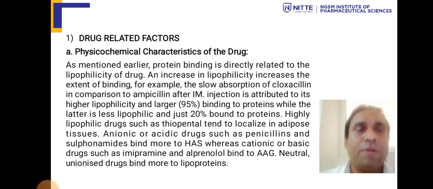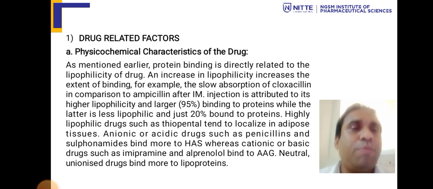For example, the slow absorption of cloxacillin in comparison to ampicillin after IM injection is attributed to its higher lipophilicity and larger 95% binding to proteins, while the latter is less lipophilic and just 20% is bound to proteins.